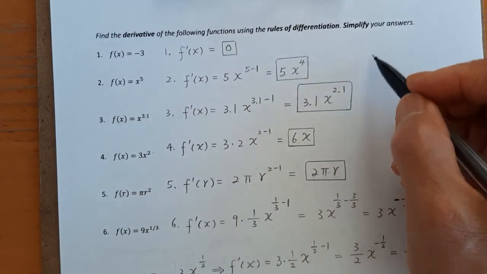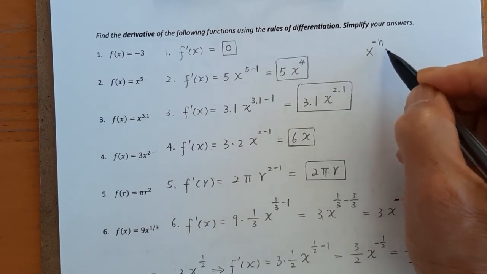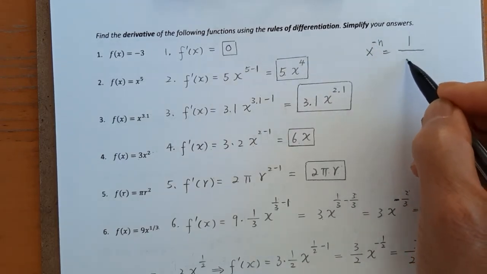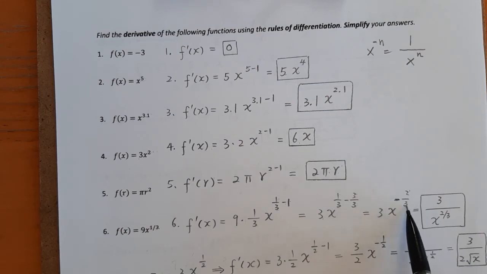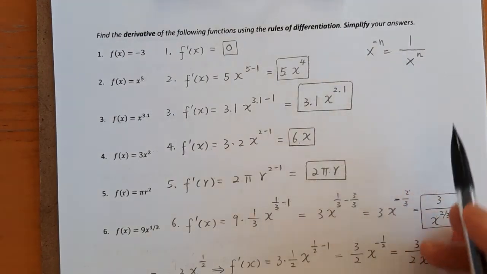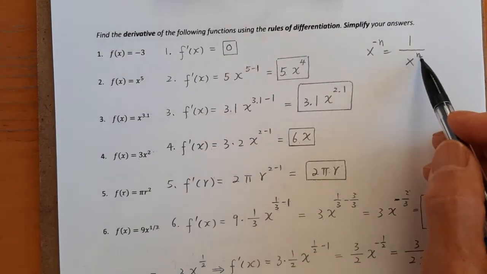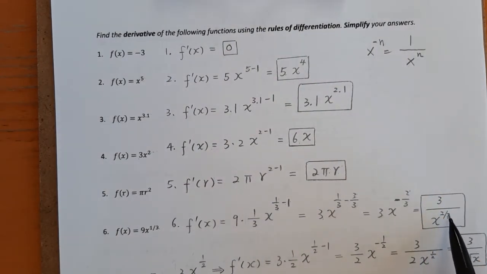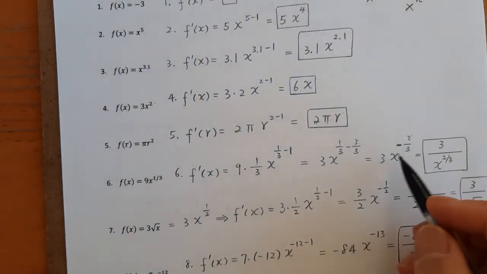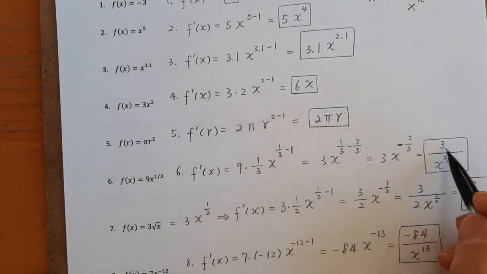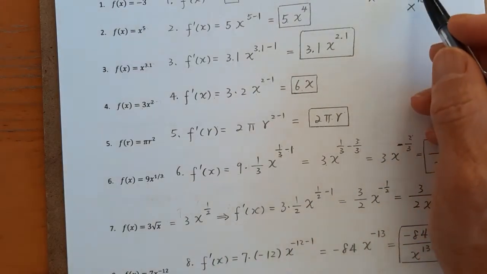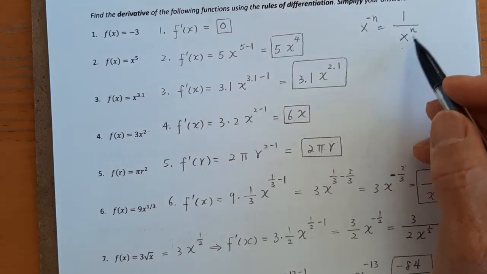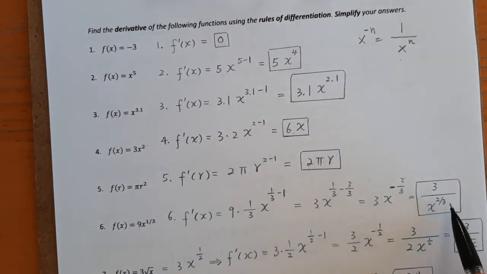The negative exponent rule is x to the power negative n equals 1 over x to the power n. So -2 over 3 moves to the denominator and the negative changes to positive. The 3 is still on the numerator, and x to the power -2 over 3 becomes 1 over x to the power 2 over 3.